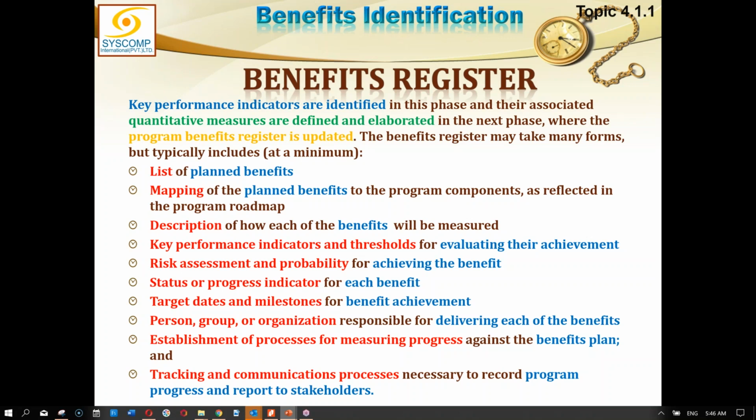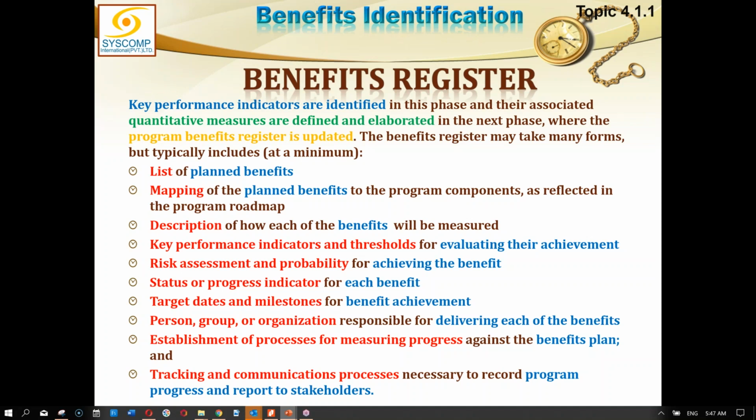Establishment of processes for measuring progress against the benefit plan. So we will create a benefit management plan, and the benefit plan, the detailed plan, will include the details about how this progress is measured for each benefit. Tracking and communication processes necessary to record program progress and report to stakeholders.